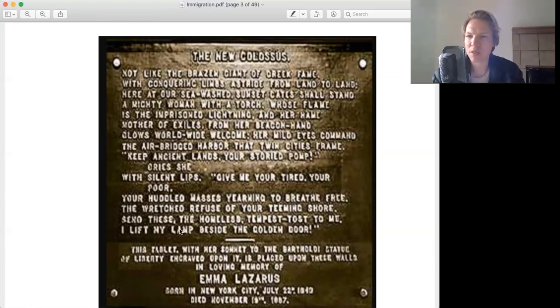I lift my lamp beside my golden door. This is wild. This poem is saying, don't send your best, send whoever. We will take them. This is what's unique about the American immigrant experience: you can find plenty of anti-immigration sentiment, but you can find plenty of pro-immigration sentiment as well.